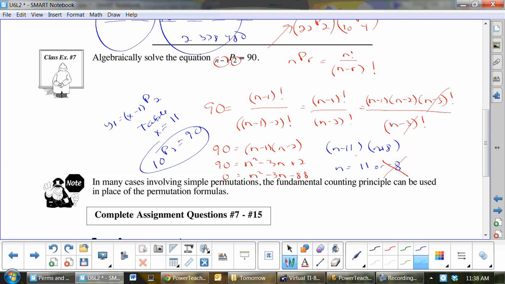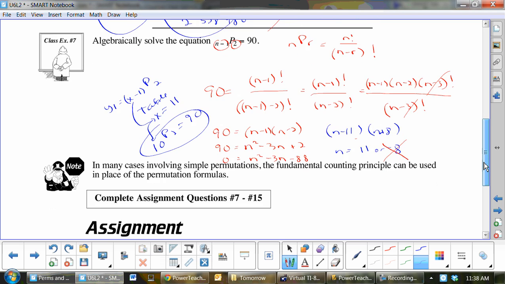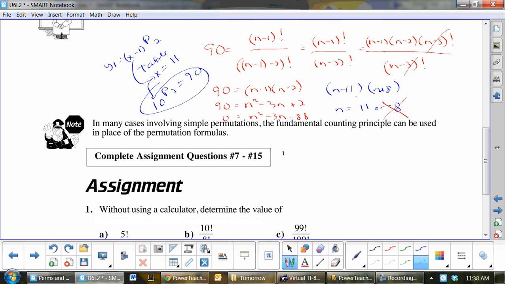Because remember, that's x minus 1, so 11 minus 1 is 10. Okay, so even when you're checking them, make sure you actually remember what n equals. Okay, so you'll find that this goes very quick. 1 to 11 ACE and 12 to 15.